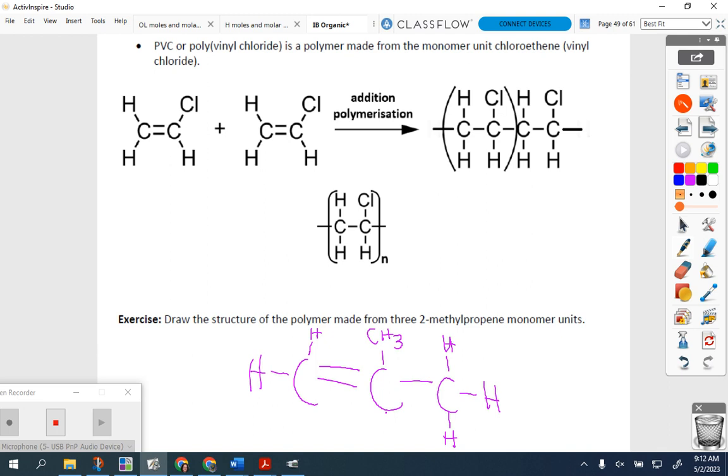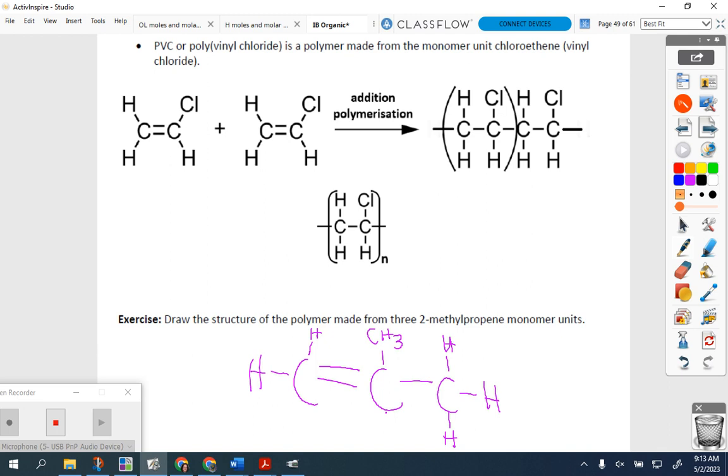Because if the double bond was over here, we would just number it in the opposite direction. So with propene, it's the same, unless it said that there were 2 double bonds, which you generally aren't going to see next to each other like that.